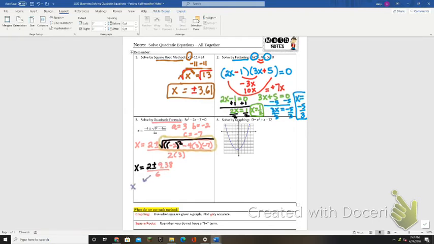You have x equals 2 plus 9.38 divided by 6. And then you have x equals 2 minus 9.38 divided by 6. And you're going to go back to your calculator and you're going to type in the numerator first because you have to add those up before you can divide. So go ahead and do that now.